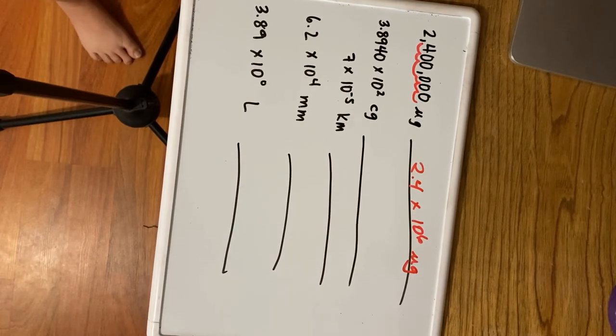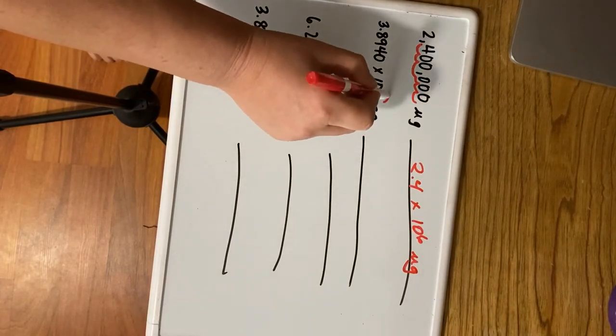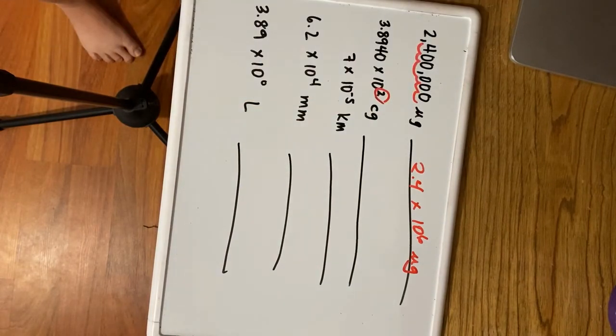Okay, so now we have a number that is in scientific notation, we want to put it in standard notation. Okay, so this 2 right here says we're going to move our decimal 2 places. Because it is positive, that means our original number should have been larger than 1.